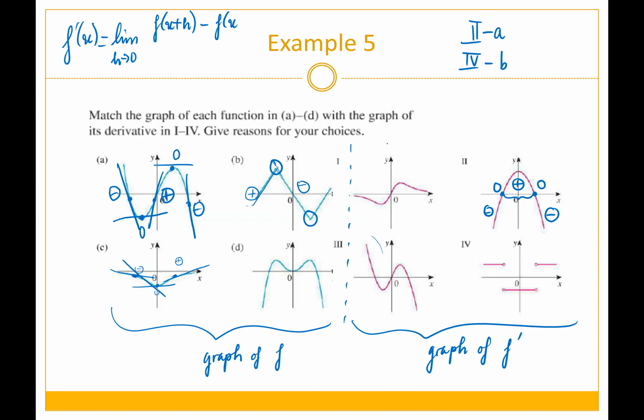So our answer is that 1 goes with C, and 3 goes with D. Now to check back with D, you can see the special points give you a horizontal tangent, which gives the slope of 0, meaning your derivative graph has to cut the horizontal line 3 times: 1, 2, 3. So that is the correct answer.